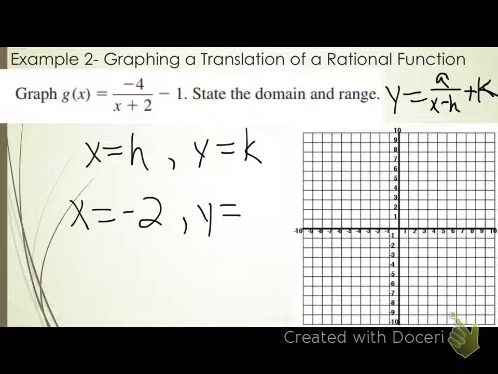What's my k value? -1. Everyone okay with that? So I'm going to graph those two lines as dotted lines: x equals -2, y equals -1. You may have learned it as HOY VUX, how to graph horizontal and vertical lines. If it's y equals a number, like we have over here, it's HOY, because there's a y in it. What do you think the H stands for? Horizontal.